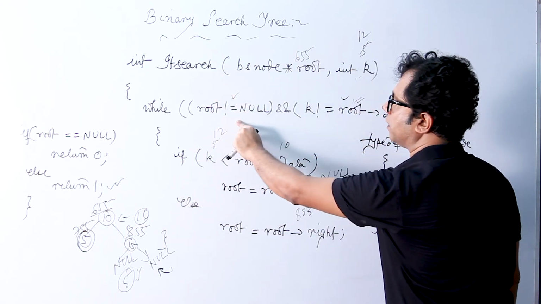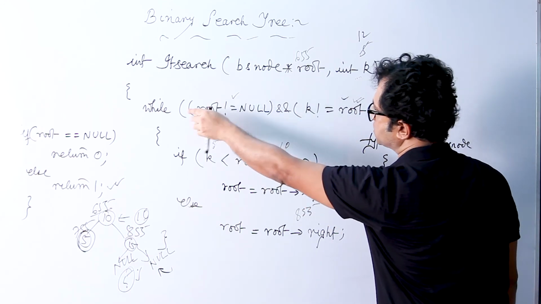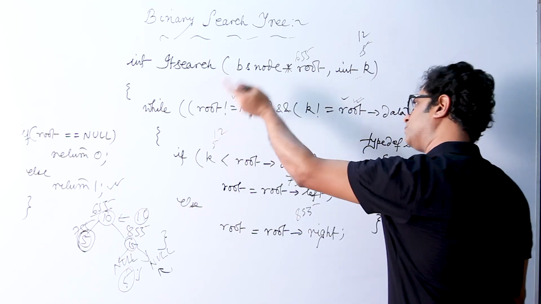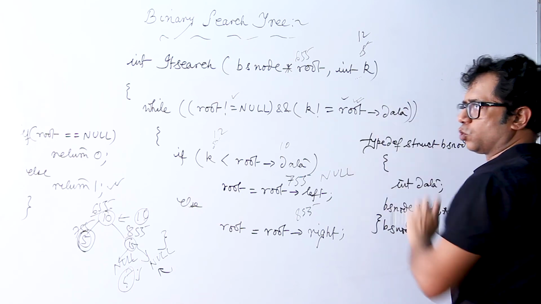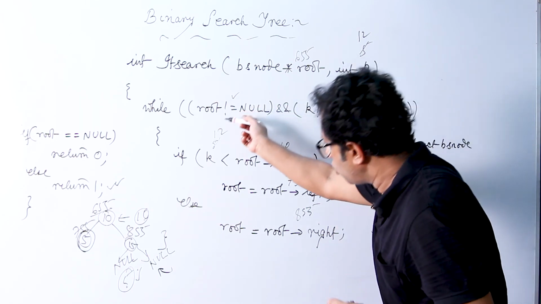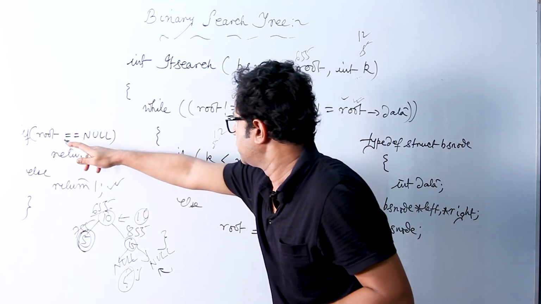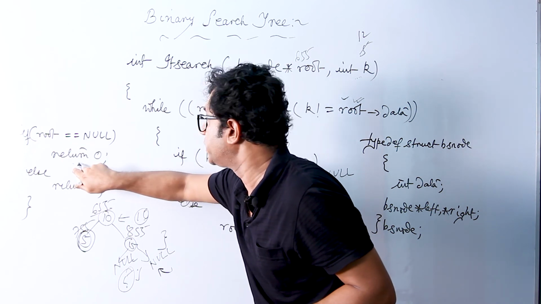Root becomes null, so we need not check the second condition, because the first condition, root not equal to null, doesn't hold. That means root equals null. We will not check the second operation because there is no need for that. So we go out of this while loop and come to this portion. If root equals null, then we return 0.